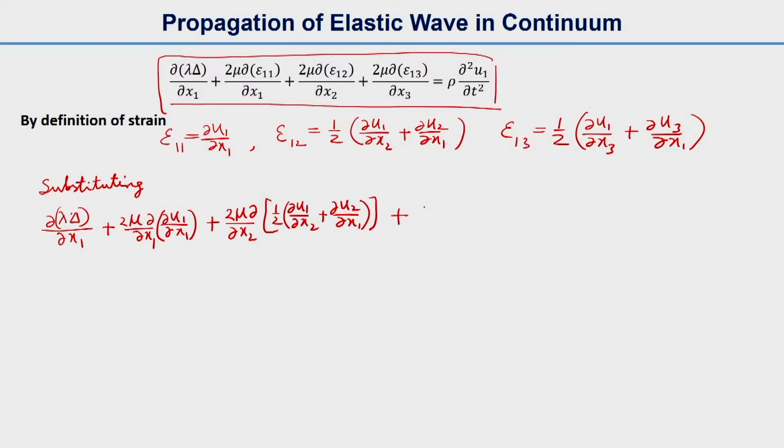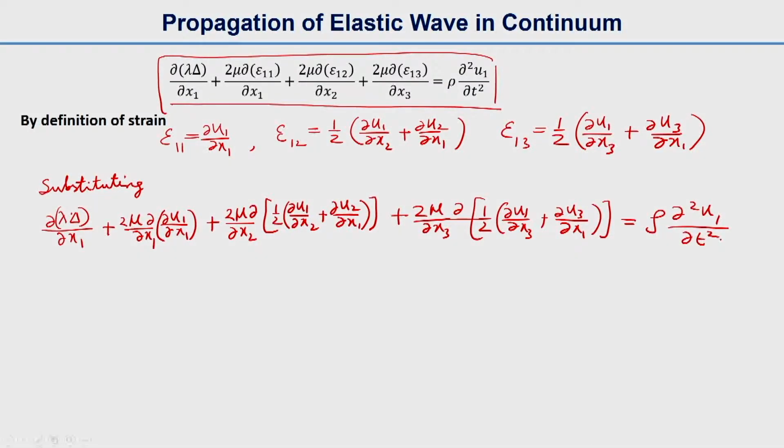Then the third term will be twice mu, partial of half of partial of u1 with respect to x3 plus partial of u3 with respect to x1, and this will be equal to rho second partial of u1 with respect to time.